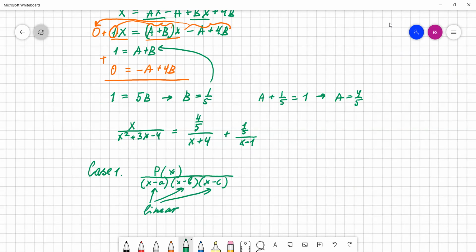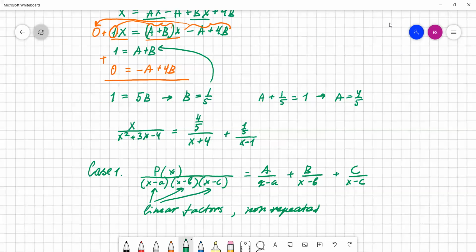And they all are different, non-repeated. Then you decompose it into a over x minus little a plus b over x minus little b plus c over x minus little c. And if you have more of them, just more of the fractions.